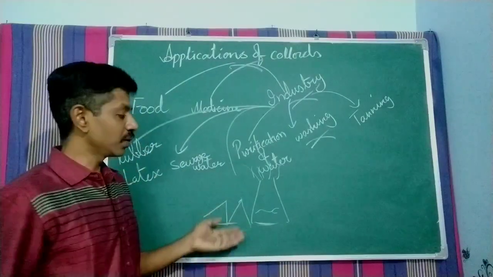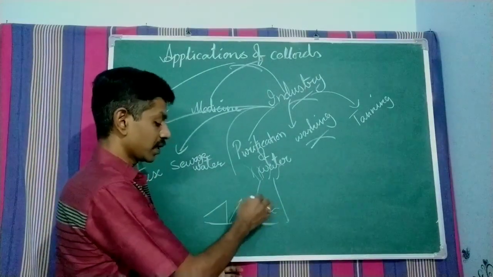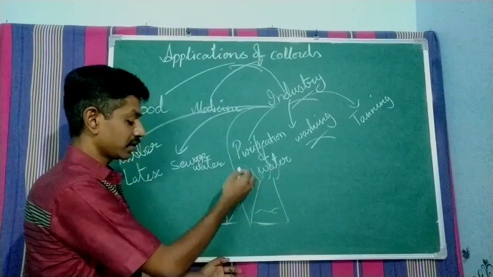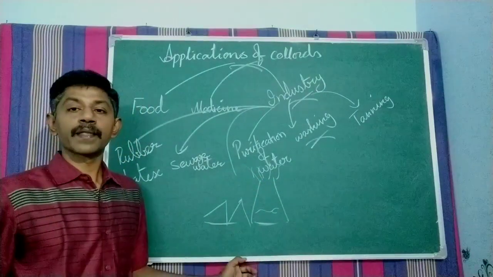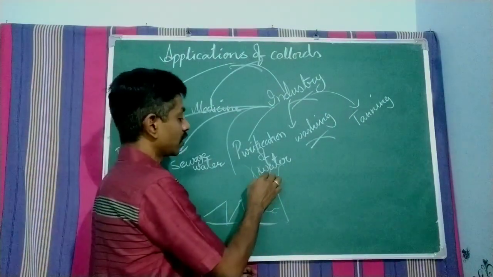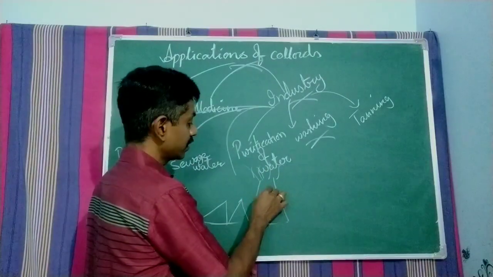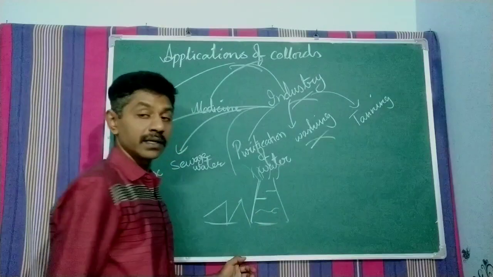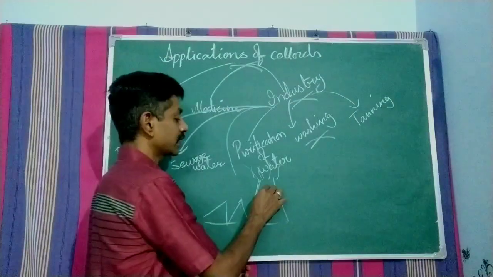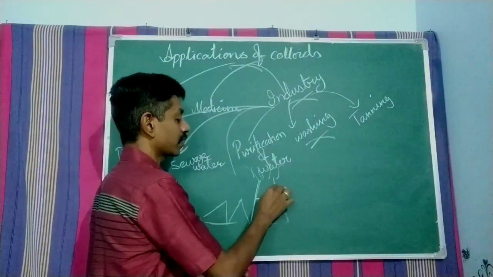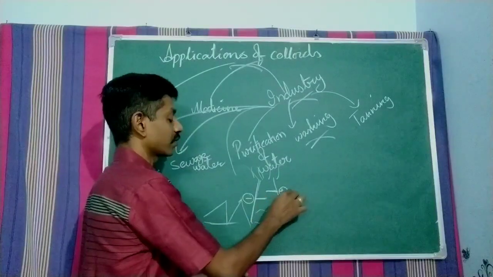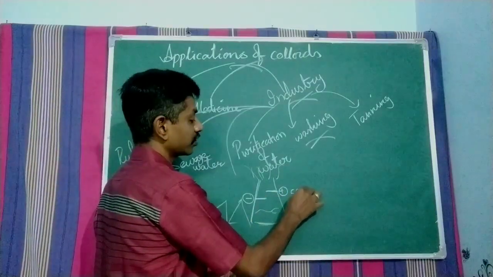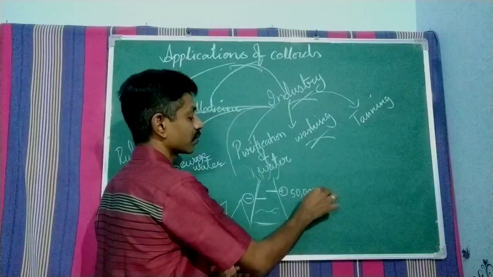If all the coal smoke is coming out through the chimneys, it will pollute the atmosphere. And in order to avoid that, the chimneys are fitted with precipitators, that is a positively charged electrode and a negatively charged electrode. In between them, a potential difference of around 50,000 volts will be given.